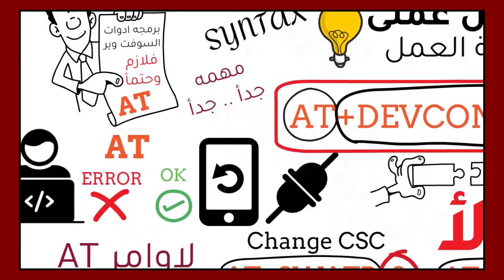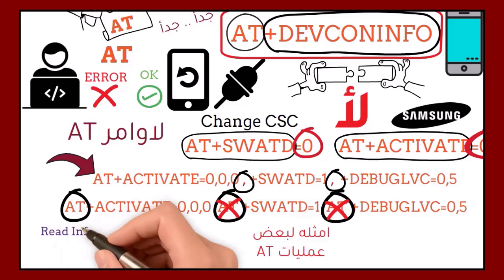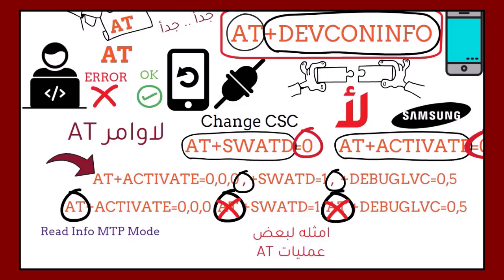In order to know why it is important, let us give you examples of some of the operations in which AT commands are used with Samsung mobile phones. AT commands are used to read information and put the mobile in MTP mode. You use them to format some Samsung models, and to activate ADB mode as we will see in this video.